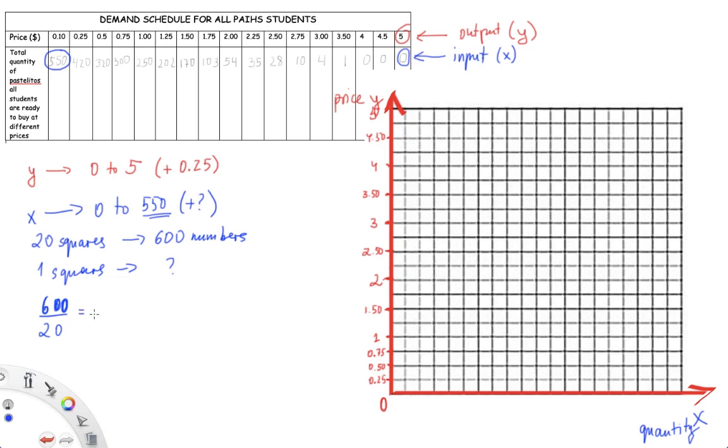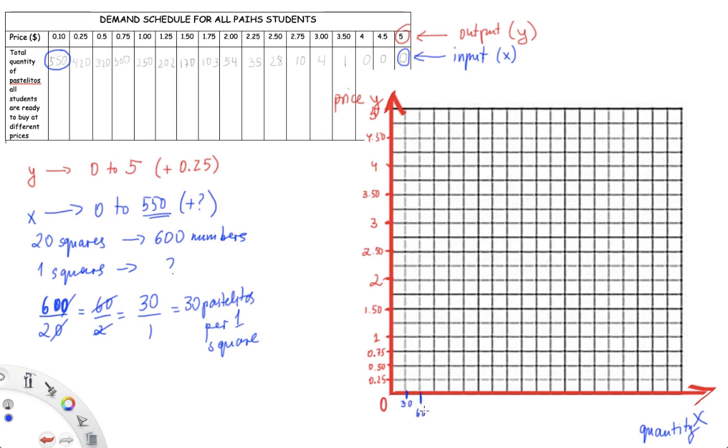So how many pastelitos are going to be in each square? Let's simplify this fraction. If we divide by 2, we end up with 30 over 1. So it will be 30 pastelitos per 1 square. So this over here is going to represent 30 pastelitos.